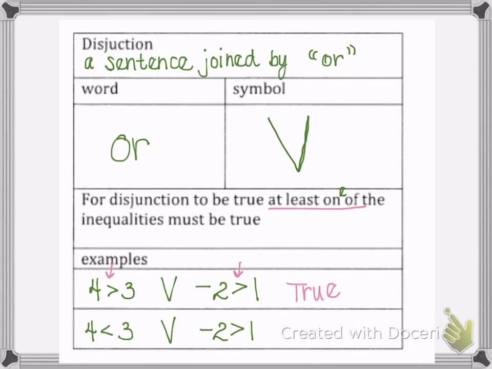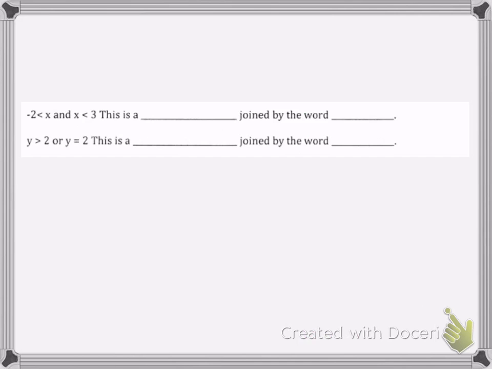But if you look at the second example, 4 less than 3, that's false, and -2 greater than 1, that's also false. And for a disjunction to be false, both of them have to be false because it needs at least one to be true for the whole thing to be true.